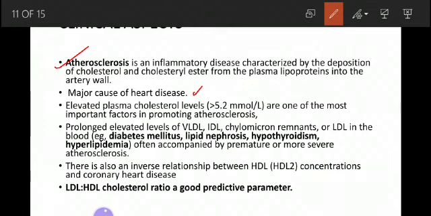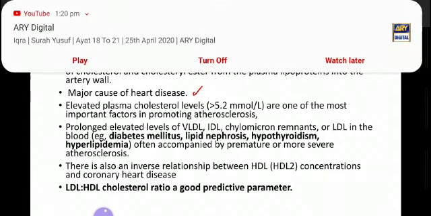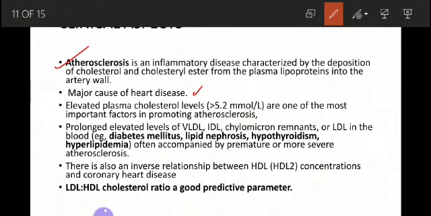Elevated plasma cholesterol level is one of the most important factors in promoting atherosclerosis. Disorders like diabetes mellitus, lipid nephrosis, hypothyroidism, and hyperlipidemia can lead to elevated levels of VLDL, IDL, chylomicron remnants, or LDL. They are accompanied by premature or severe atherosclerosis.